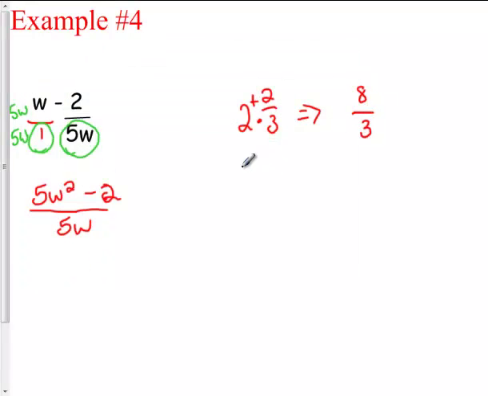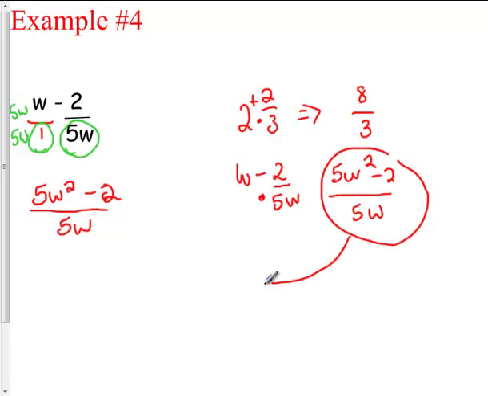Well, I can do the same thing right here. I'll multiply these to get 5w squared, and then I have a minus 2 over 5w. Because this is really a mixed number. Little shortcuts. Okay, we're done.